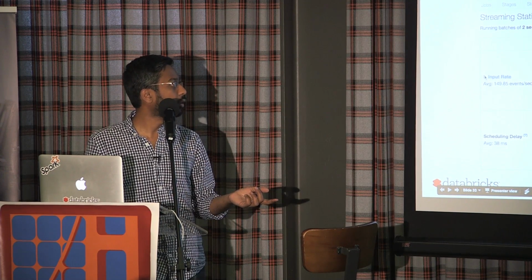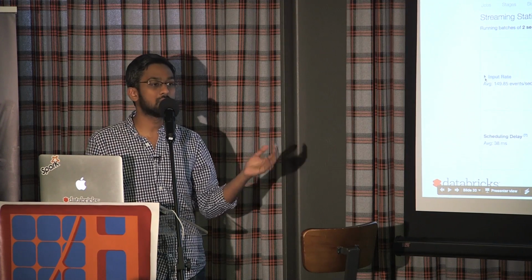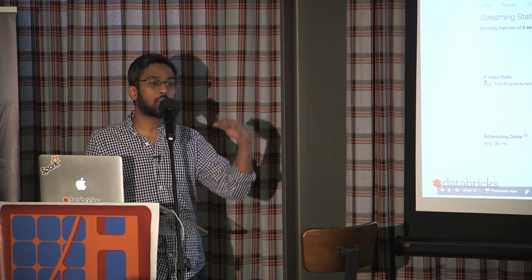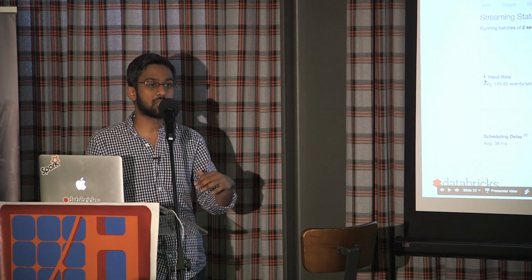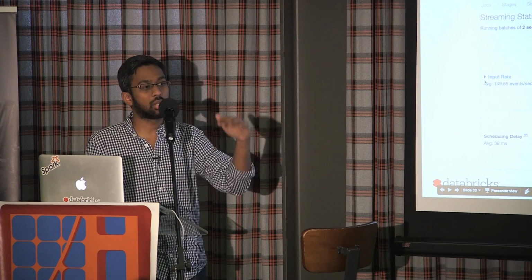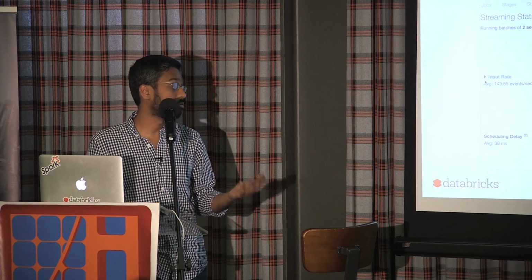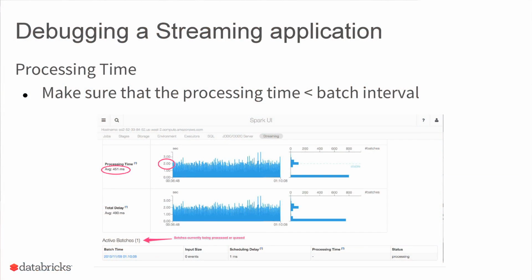You can also expand this to look at the rate of events for each receiver. So if you have 10 receivers, you can look at the rate of events for each of them to see if there are any issues.